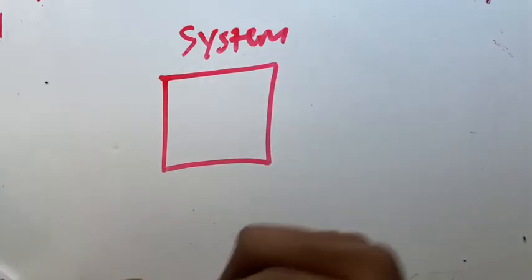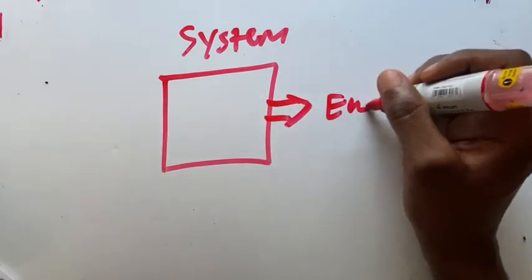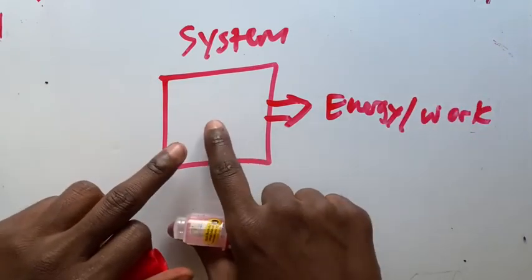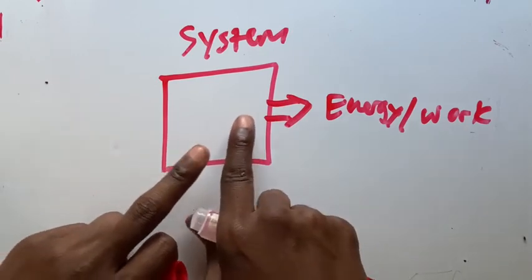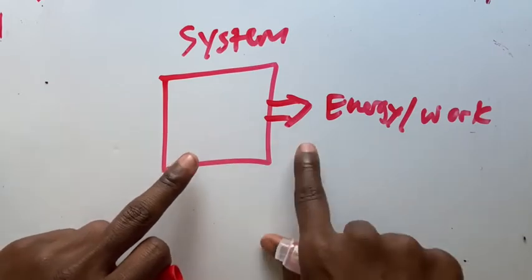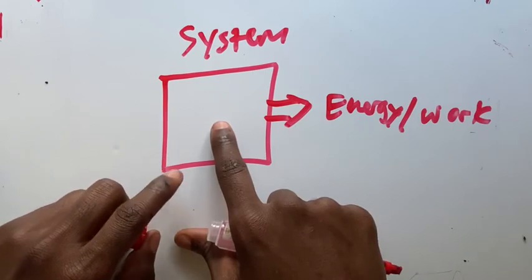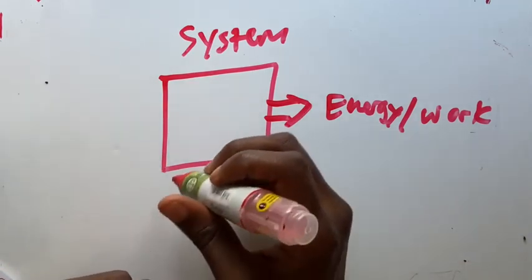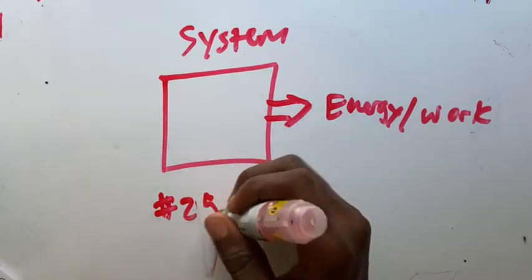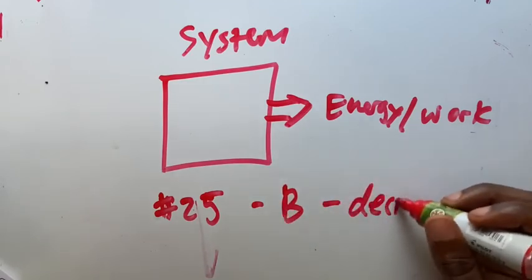Since this system is exerting some energy in the form of work, it's going to lose energy because it's giving away some energy in the form of work. And so the temperature of this system is going to decrease. So for number 25, the answer is going to be B. The temperature is going to decrease.